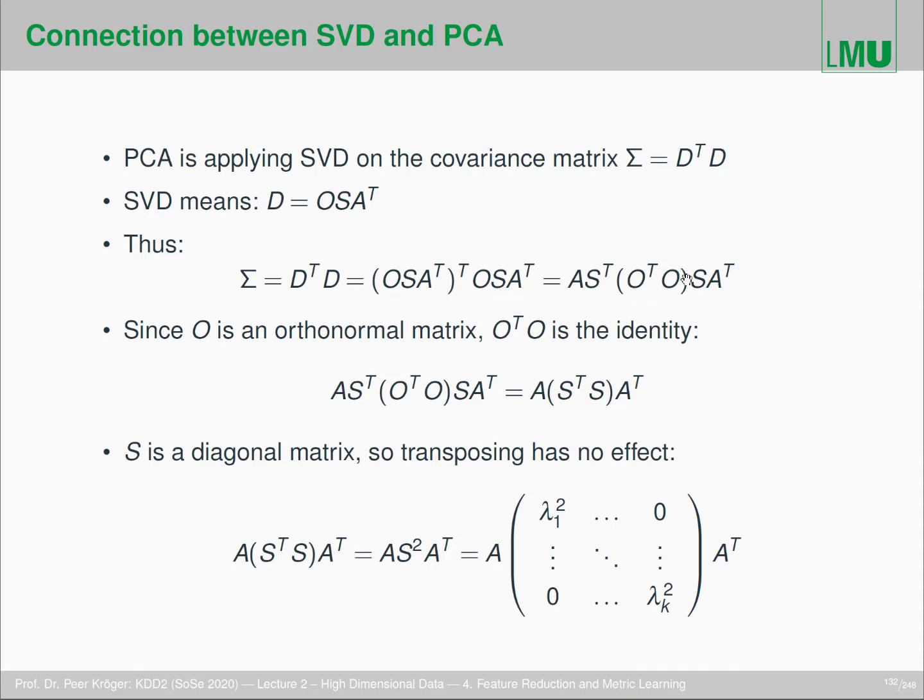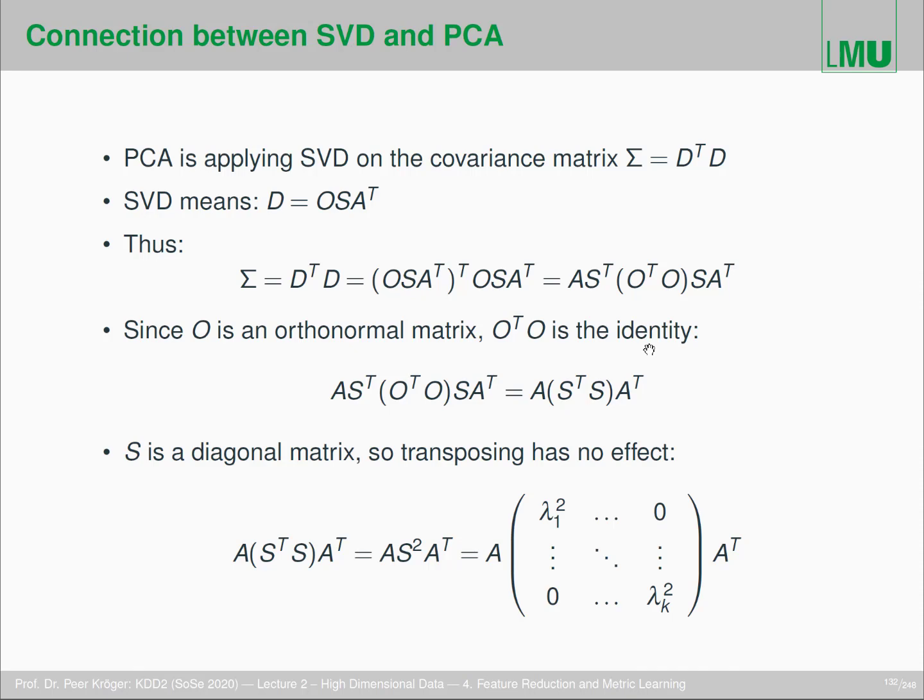The brackets are just to show you the inner product, which is the first multiplication we perform, and since O is an orthonormal matrix, O transpose times O is just the identity.